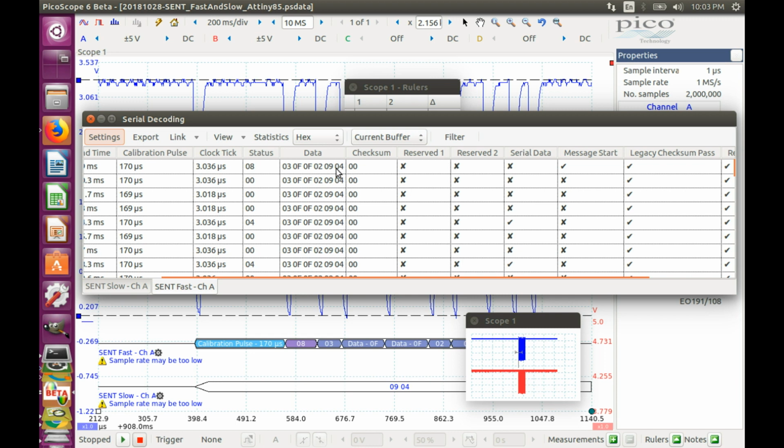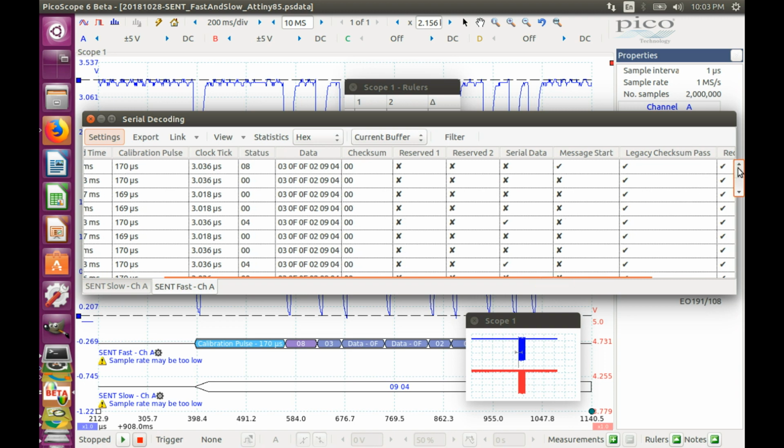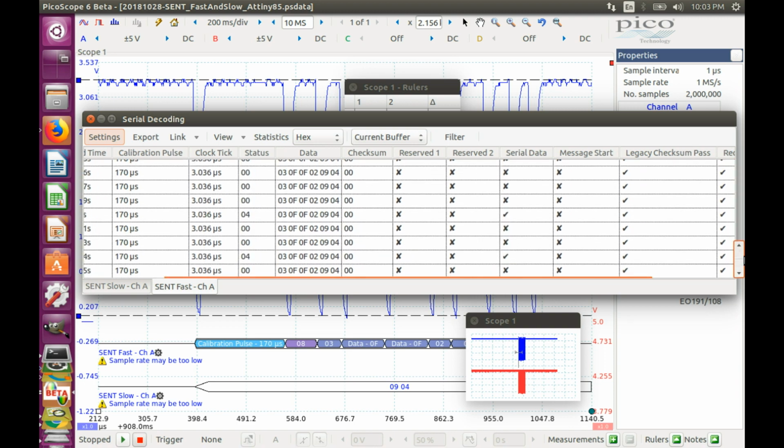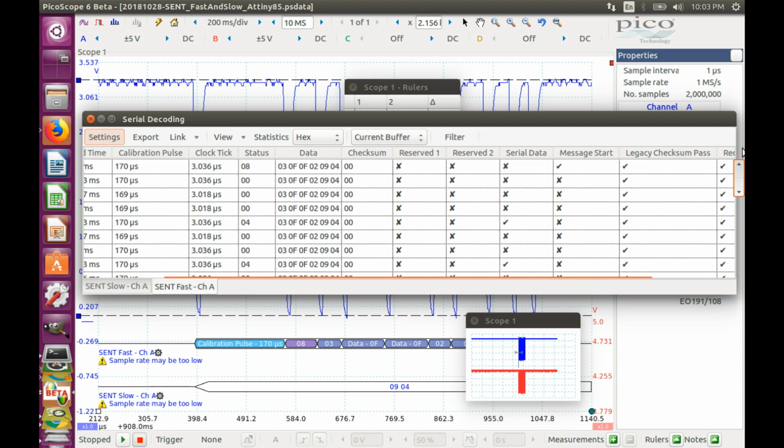That's the value coming from the potentiometer. And we can see that in all the packets the checksum passes, so everything is fine.